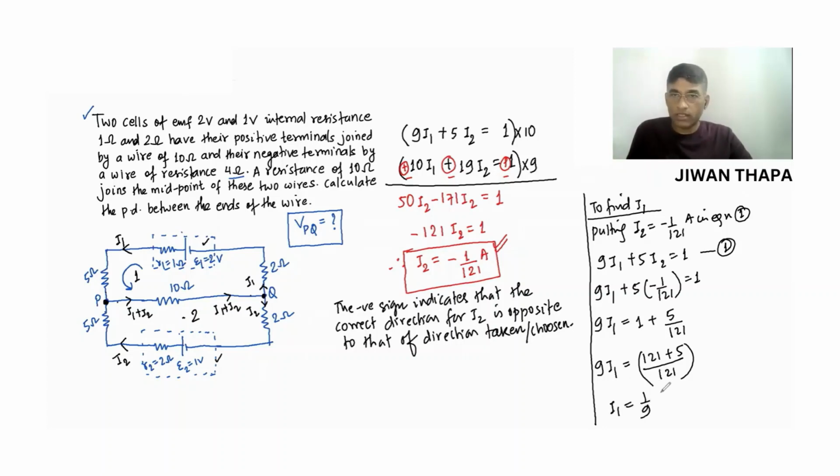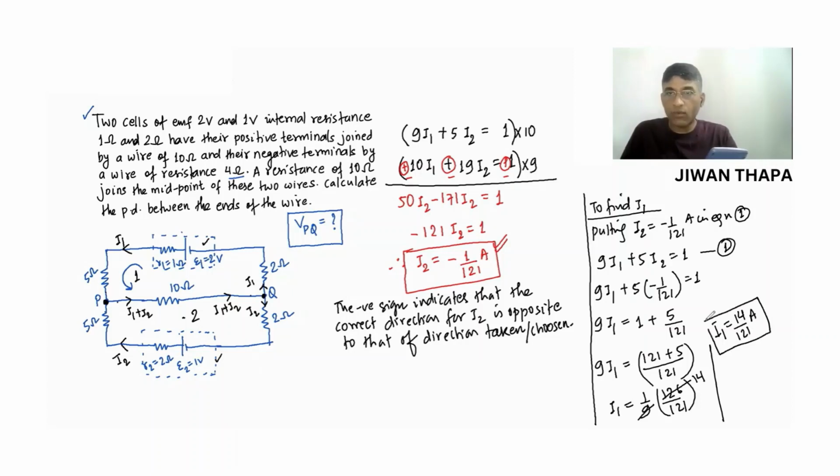So we get 126 divided by 121. Now let us simplify this. Let's see, 126 divided by 9. 9 times 14 gives 126. So we get I1 equals 14 by 121 ampere.